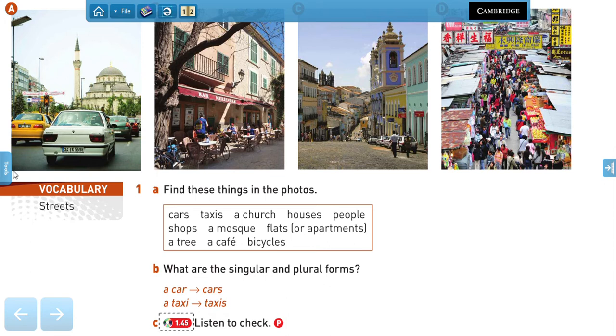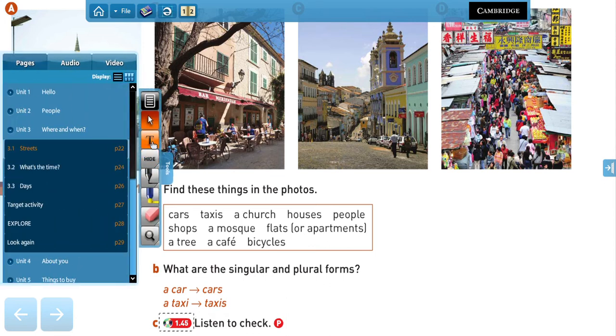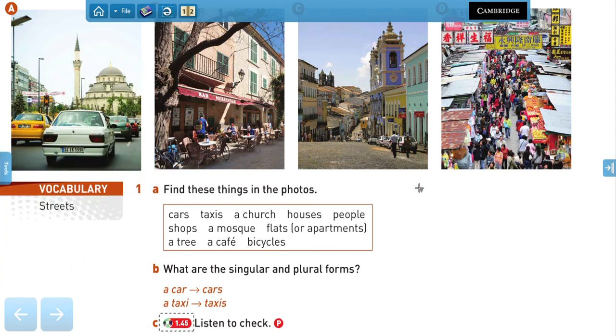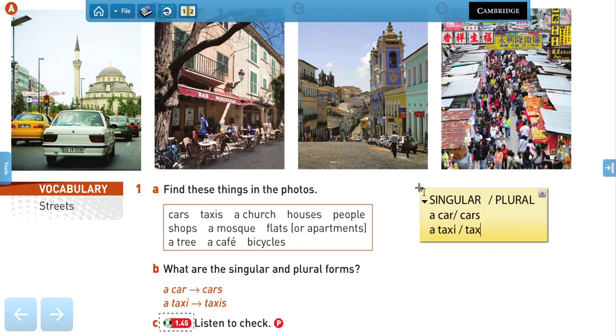Now, exercise B. What are the singular and plural forms of each of these words? I want you to write a table on your notebooks with singular and plural forms. Yes? So you're going to write your table for a car and cars, a taxi, taxis.